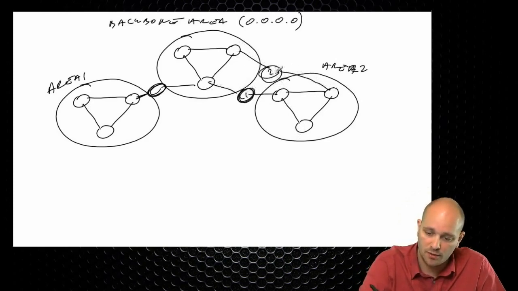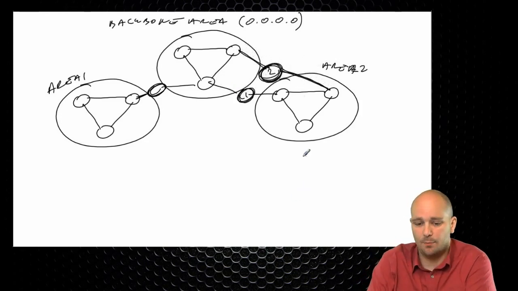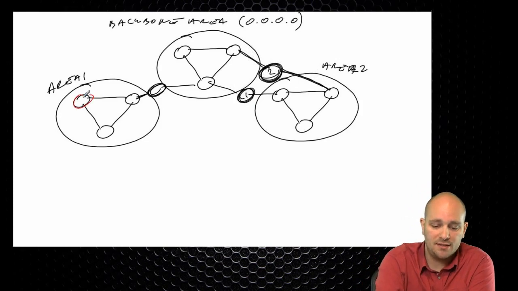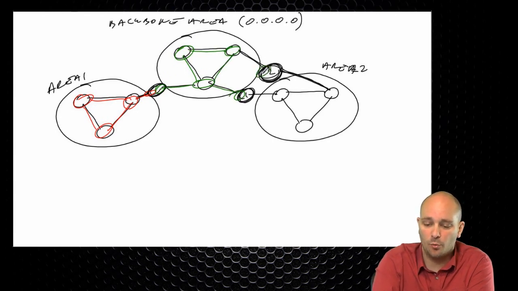So this is 1, this is 2. So now, what we have here is a potential for a loop. So we had this internal information that was now injected into this area here. And eventually, both border 1 and border 2 in their databases are going to learn this information.